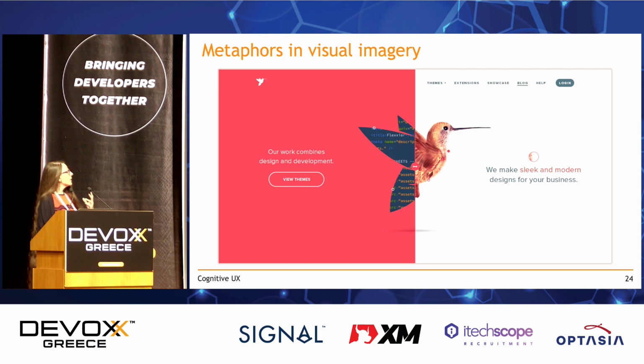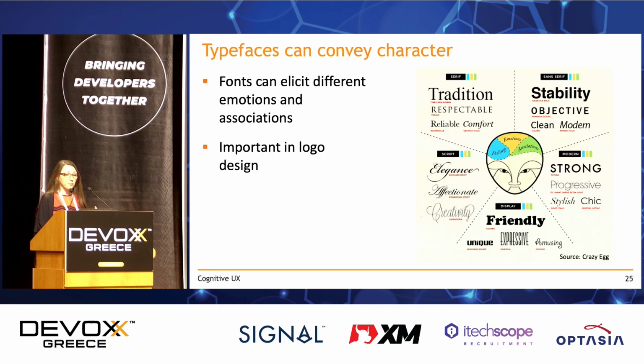So here we can see, for example, an image of a digital agency that's using a hummingbird, which is half code, half bird, let's say. And this is a powerful metaphor if you think about it. It is meant to communicate that they can create small products, very agile, very nimble, very elegant, right? Very technological as well. So small digital masterpieces. So images are very powerful to convey even complex concepts sometimes.